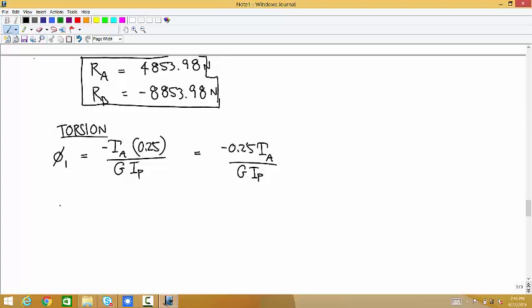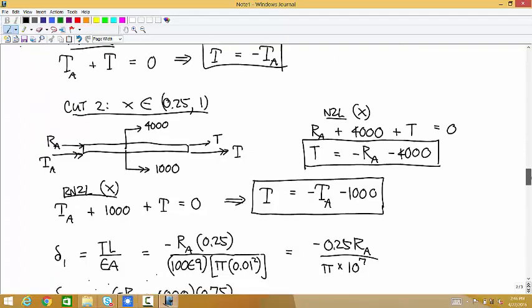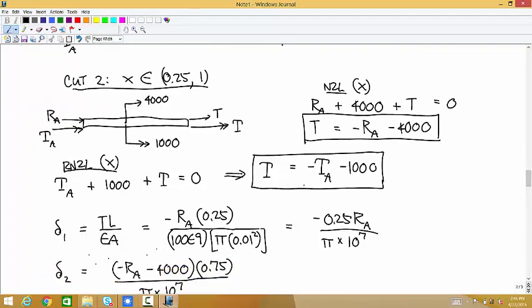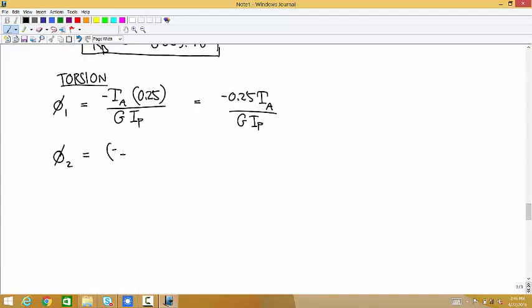For piece 2, our internal torque is this thing, negative TA minus 1,000. The length of that piece is 0.75 divided by G times IP.